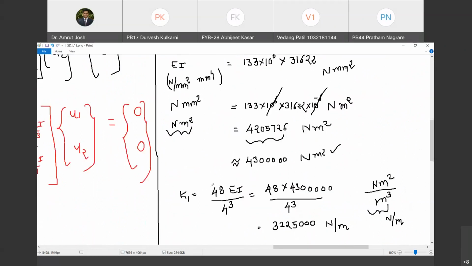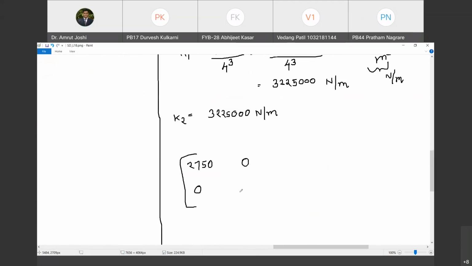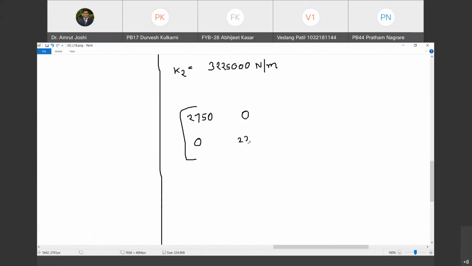M1 is 2750, then 0, then 0, and M2 is 2300. This is the mass matrix multiplied by the U double dot matrix, that is U1 double dot, U2 double dot. Right? This is this plus.